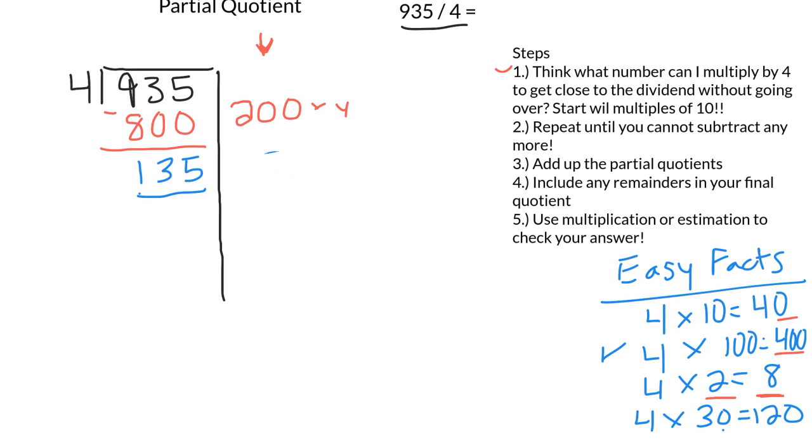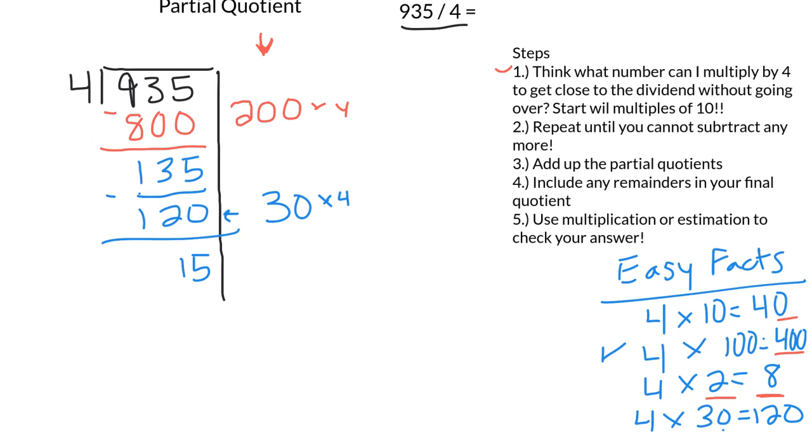Let me change that a tiny bit. I'm going to use 30 times 4. So I made that 30 when I multiply my divisor by really big. And the reason why I'm using that is I can get pretty close to 135 because 30 times 4 is 120. That's really close. Now I'm going to subtract again.